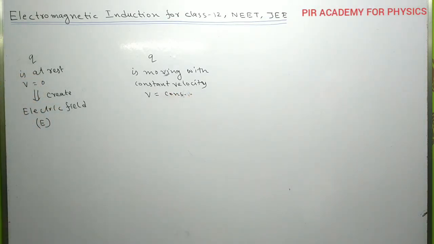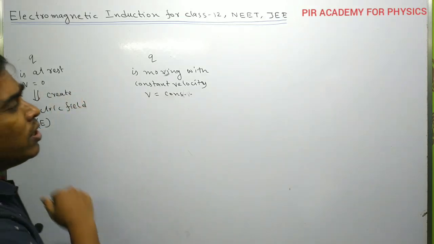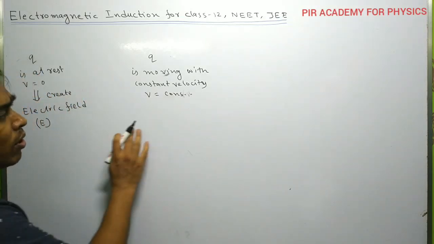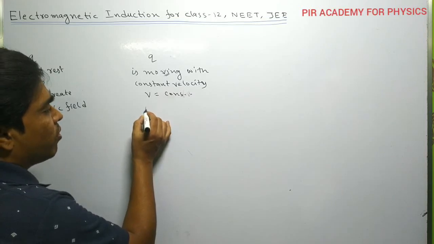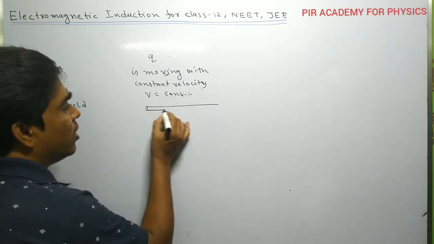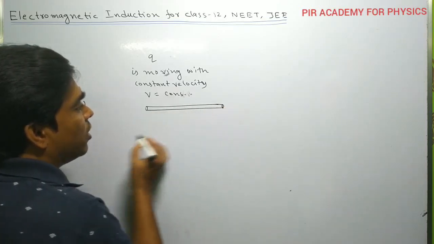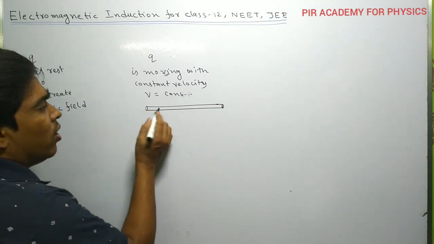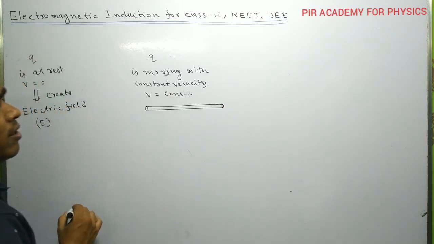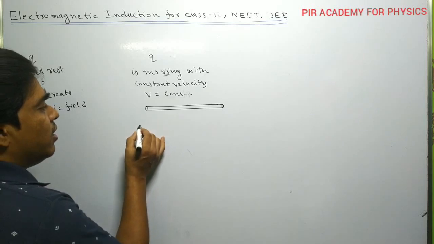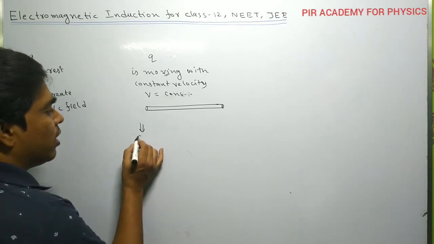If a charge Q is moving with constant velocity through a conductor, then this charge produces current.